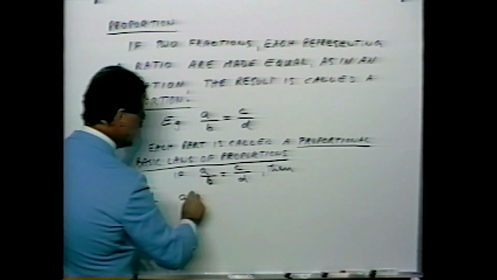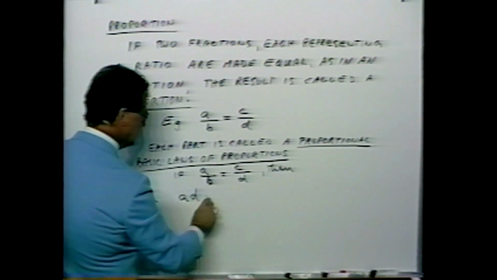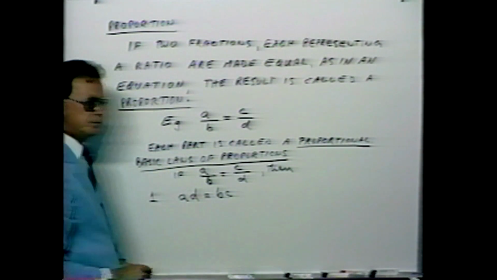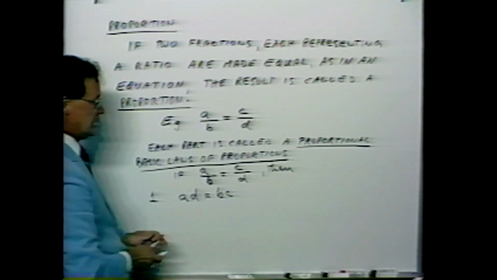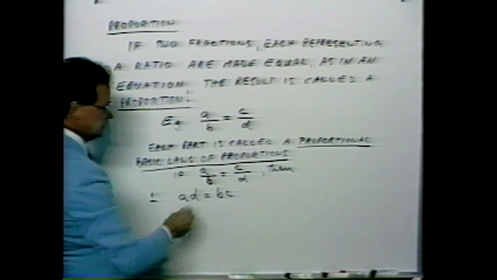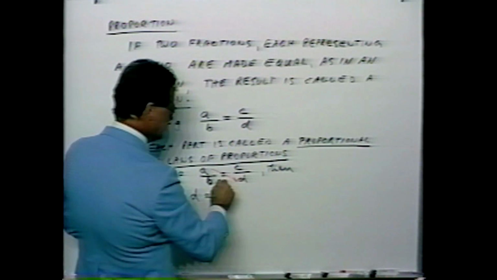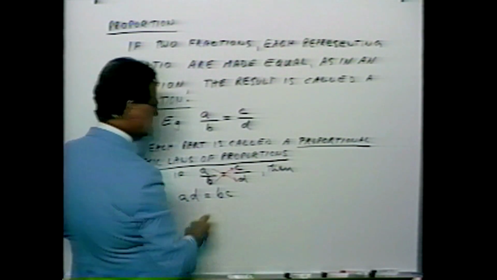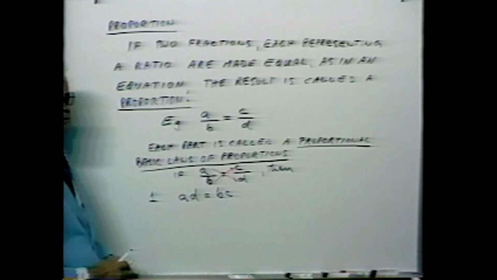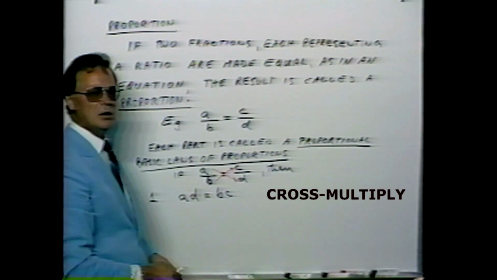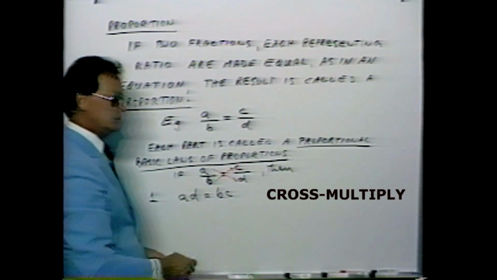A times D equals B times C. Notice how I determined that. I multiplied across here, followed by multiplying across here. For that reason, that is referred to as the law of cross product.